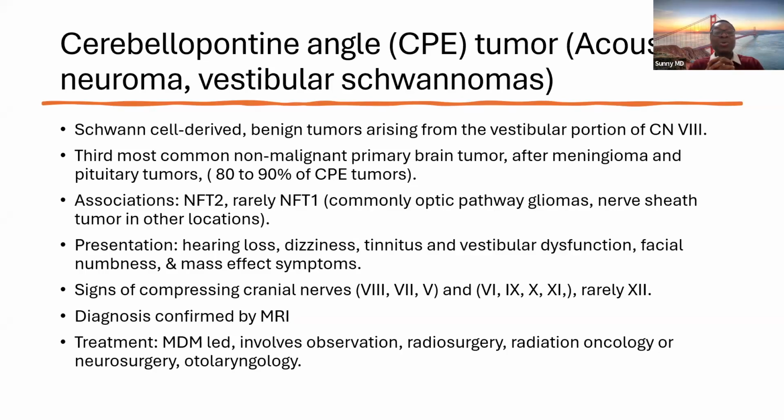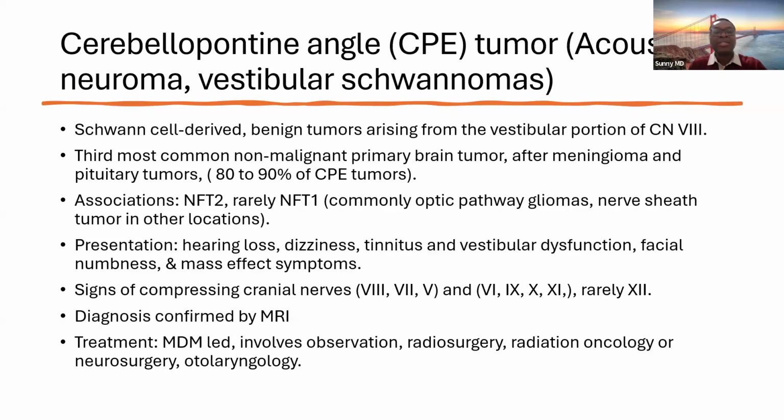It presents with hearing loss, dizziness, tinnitus, vestibular dysfunction, facial nerve mass effect, and so forth. Commonly cranial nerves 8, 7, 5 are affected, but you can also have 6, 9, 10, 11, and rarely 12. In this patient, obviously, maybe surgical damage or some kind of very large tumor.